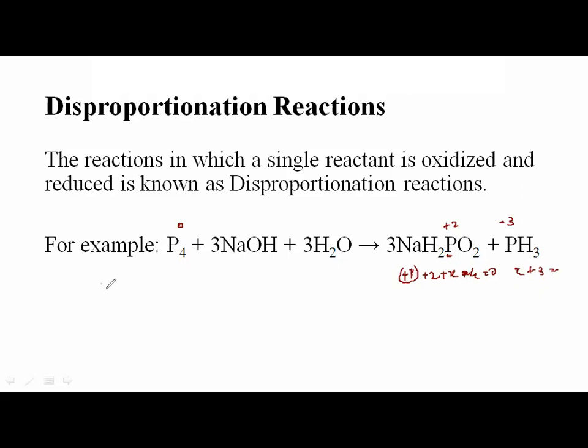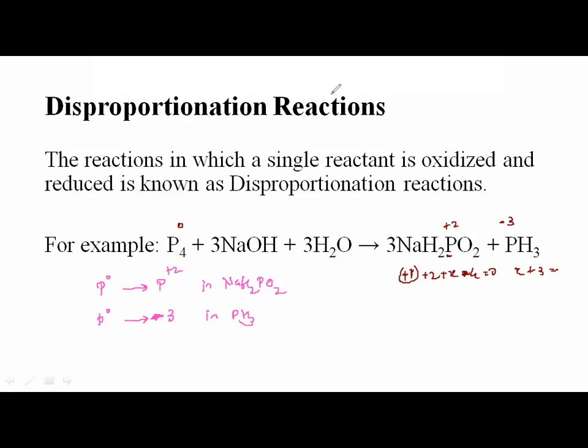Phosphorus in zero oxidation state is becoming +2 in NaH2PO2, whereas phosphorus in zero oxidation state is becoming -3 in PH3. So 0 to +2 means an increase in oxidation number.